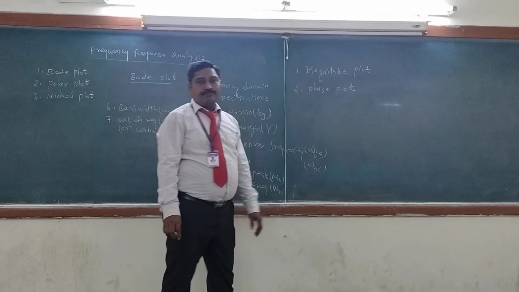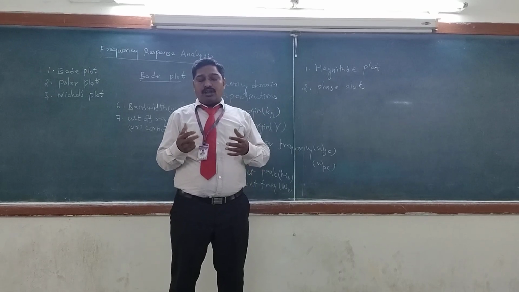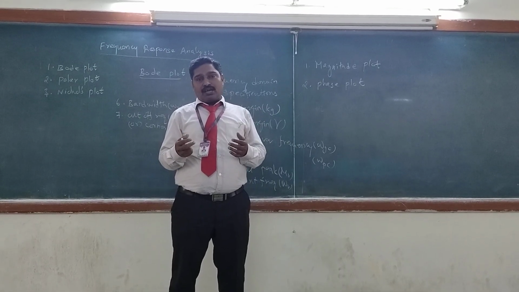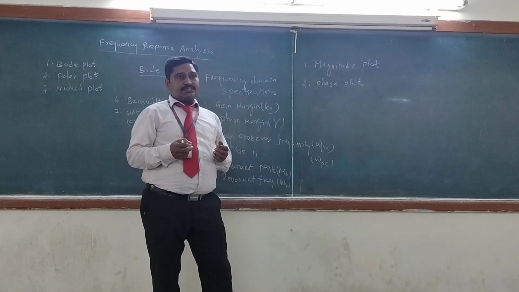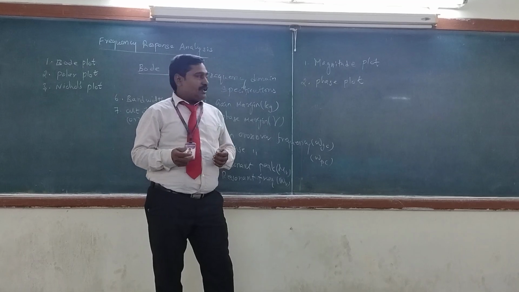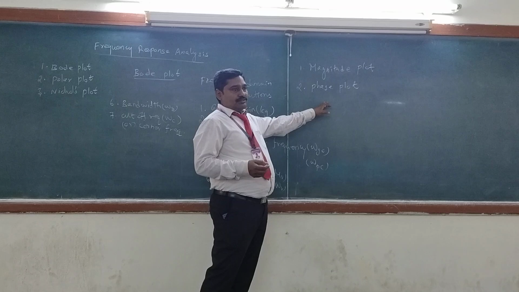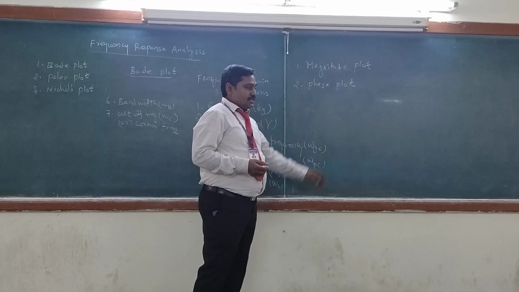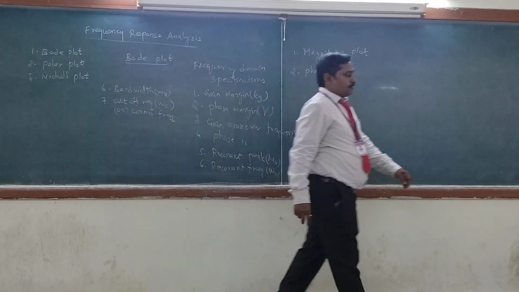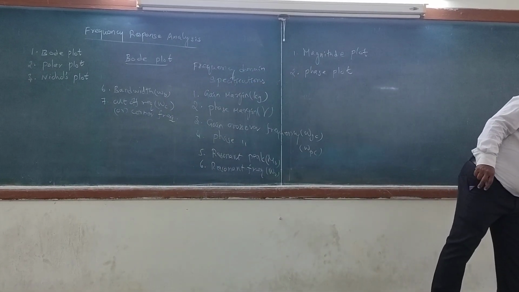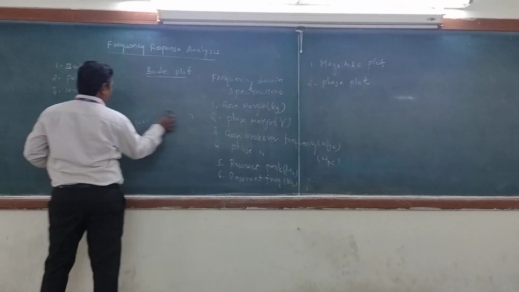The magnitude plot is log omega, that is frequency, versus magnitude in dB. The phase plot is frequency versus phase angle. Now let us discuss one by one. Procedure for how to draw the Bode plot.